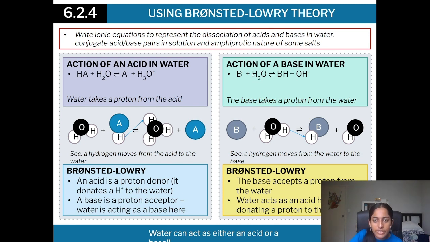So it gives one of its hydrogens to the base over here to become BH and OH minus. And water can actually act either as an acid or a base, and that's something called amphiproticity, which is another concept we will get to.